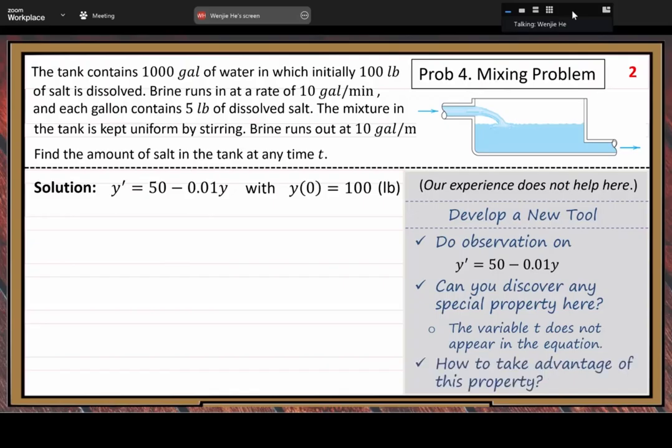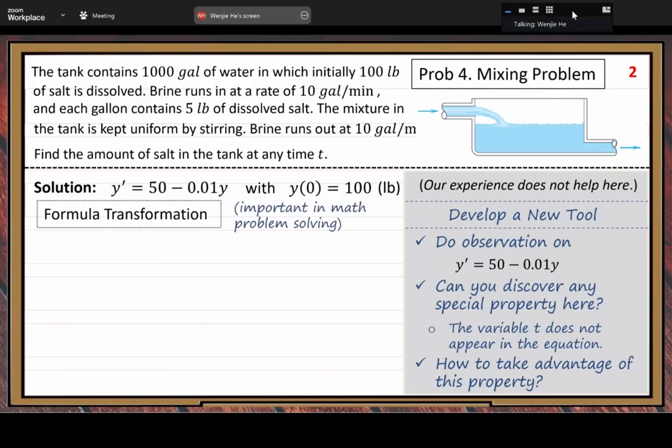Some of you can solve this because you have the background in basic ODEs. How to take advantage of this property? Do some formula transformation. We use a different expression for y prime. The derivative y prime we can also write as dy over dt.